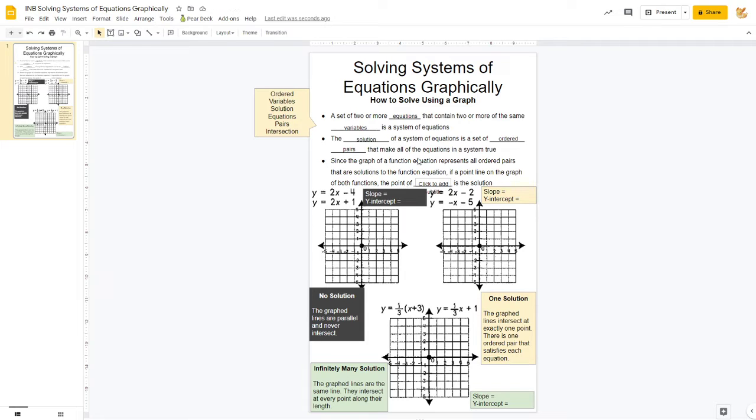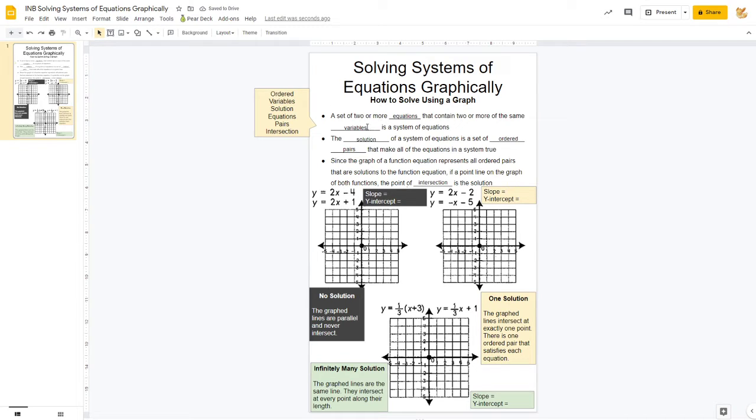Since the graph of a function equation represents all ordered pairs that are solutions to the function equation, if a point is on the graph of both functions, the point of intersection is the solution. So the gist of that is when the two lines cross, that's the solution.